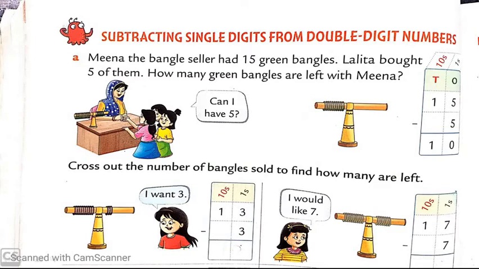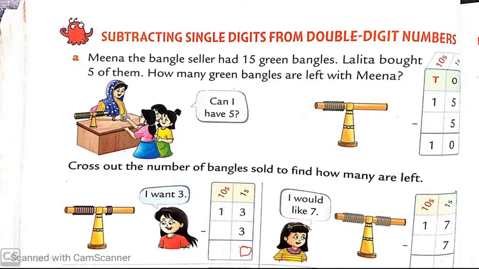Now let's subtract. When you cut the number 3 from the number 3, we get the number 0. As I told you before, when you subtract a number from the same number, you will get the answer as 0.